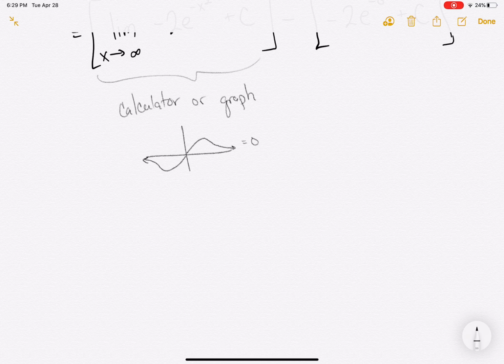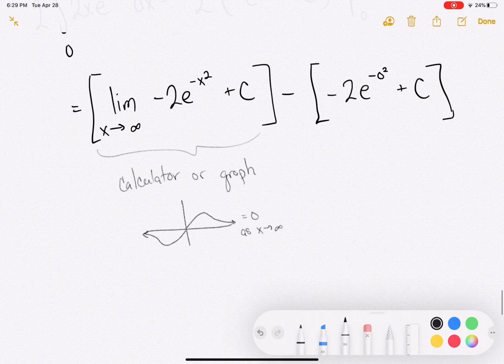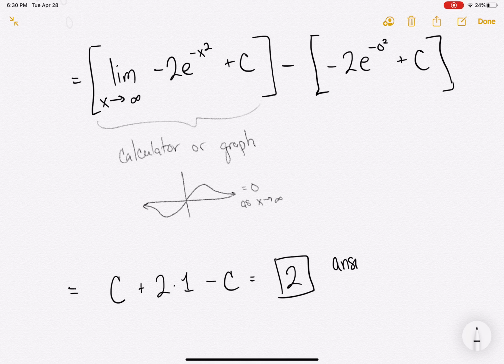So equals 0 as x goes to infinity. However you want to think about that. The piece on the left becomes just c. And then the negative sign distributes. We get plus 2. E to the 0 is just 1. 2 times 1 minus c. And so we get an answer of 2, which is the answer the exam gives.